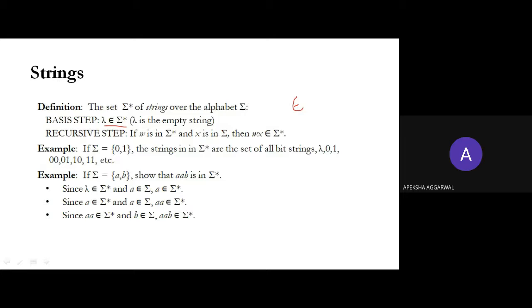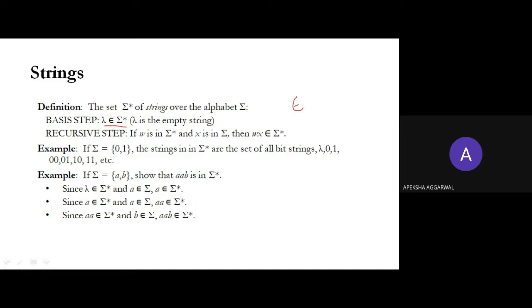If W is in sigma star and we concatenate W with X, where X is in sigma, so what is X? X is one symbol. That can be either 0 or 1, because I was talking about 0, 1. Only these values are there in sigma, not in sigma star, in sigma.